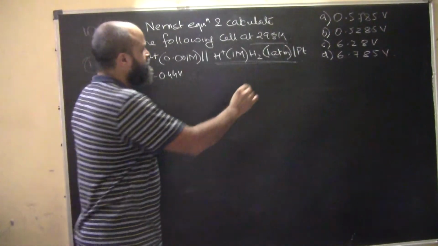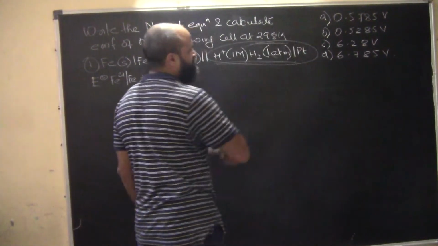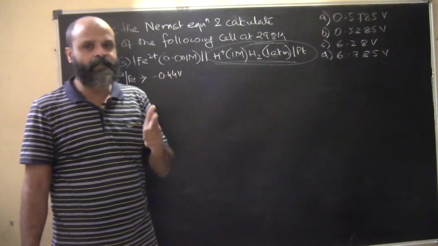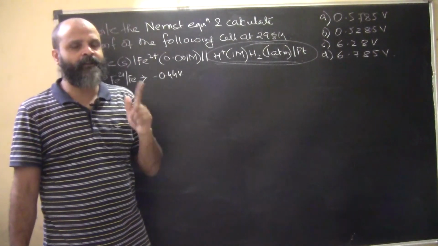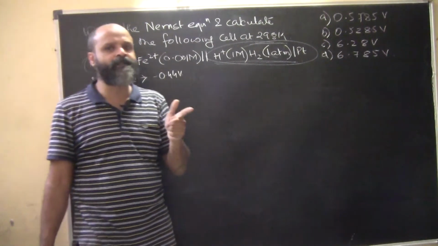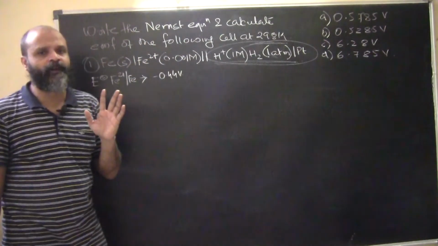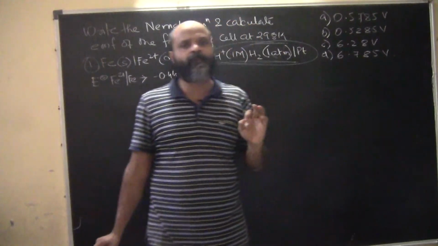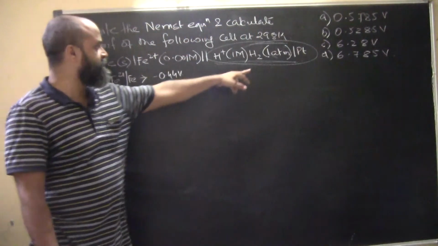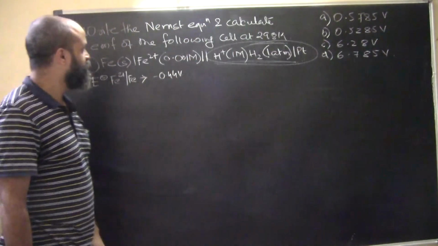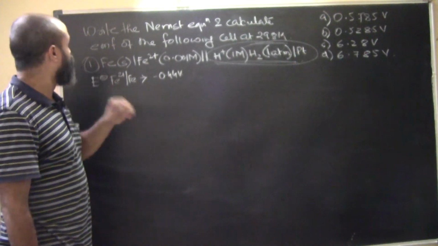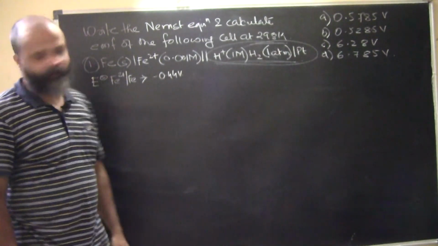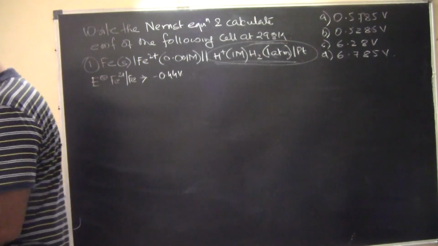As I told you, pure solids and pure liquids always have a concentration of 1 molar, and gases at 1 atmospheric pressure will always have a concentration of 1 molar. So obviously this will have a concentration of 1 molar. Write the Nernst equation and calculate the EMF of the following cell. I think we are missing something here.